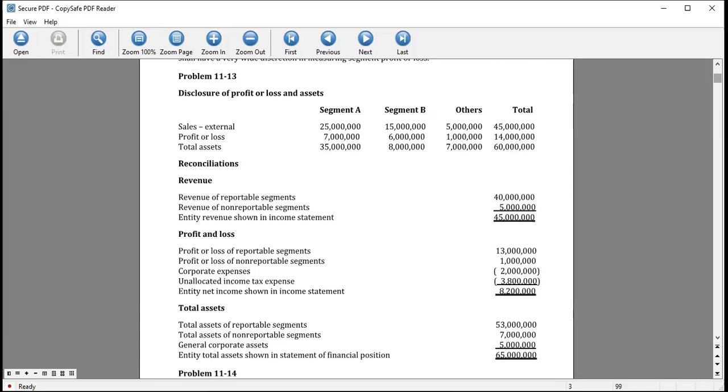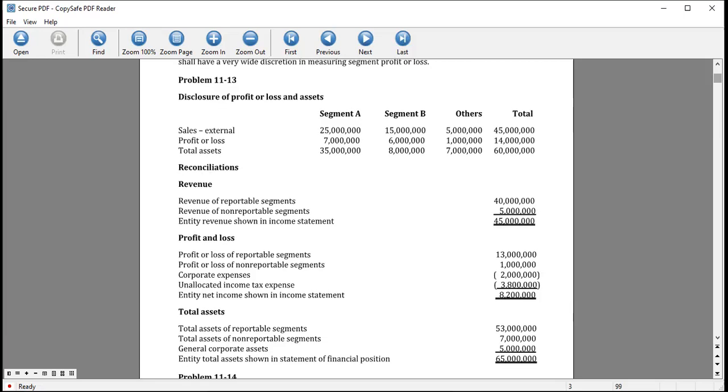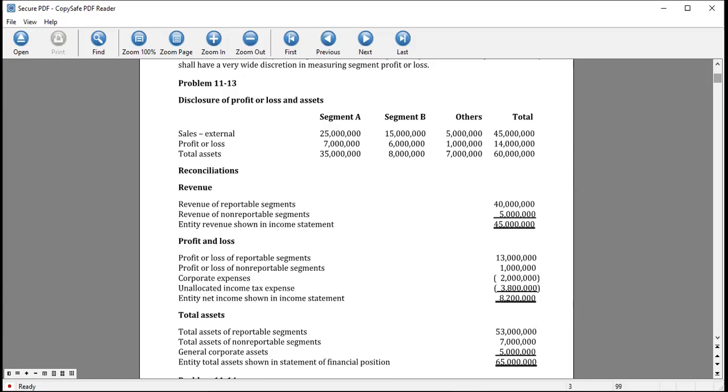So take note that others here would refer to non-reportable segments because, as stated, the entity has two reportable segments. So those are A and B. So meaning the others column refers to the reports of the non-reportable segments.